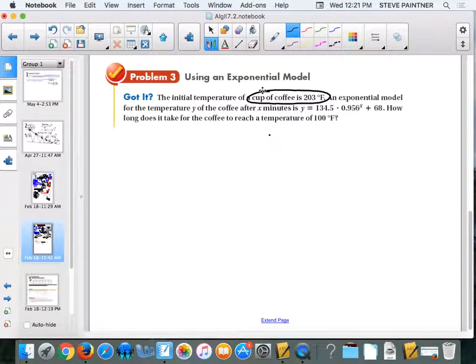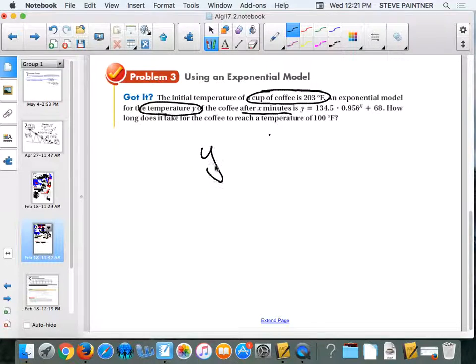That's hot. Okay, listen to the rest of it because there's a formula that tells you how fast it cools. An exponential model for temperature, Y. So what's Y stand for? Temperature of the coffee after X minutes. So X is minutes and Y is the temperature. As the minutes go on and on, the coffee temperature goes down, down, down. Okay, here's the formula.